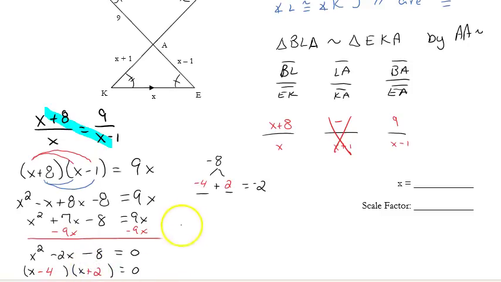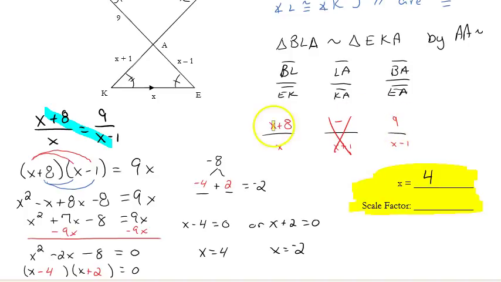Those are your factors. Zero product property says x minus 4 is 0 or x plus 2 is 0. X is 4 or negative 2. I can just look up here and see it's not negative 2 because x is a side length and my side can't be negative 2. X is 4.